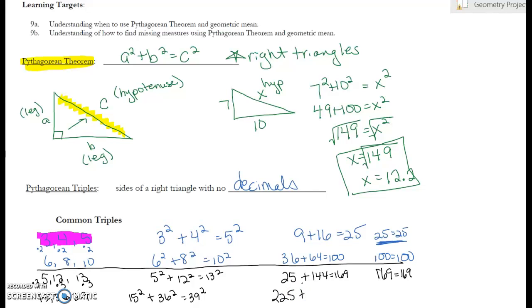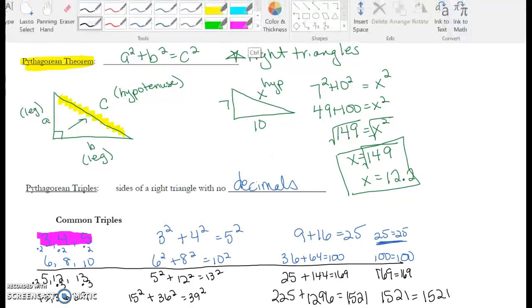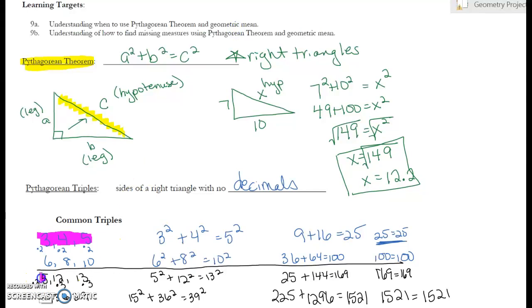And then 36 squared is 1296. 39 squared is 1521. And I bet if I add those two all together on the left, they give us 1521, because again, it's a triple. So this is another important triple to recognize. If you can recognize those triples, it may save you time down the road. Okay?